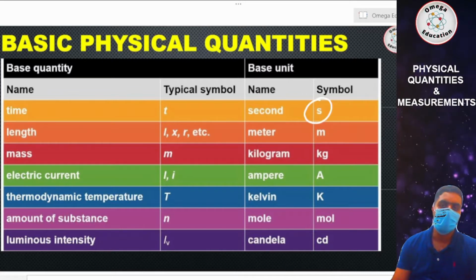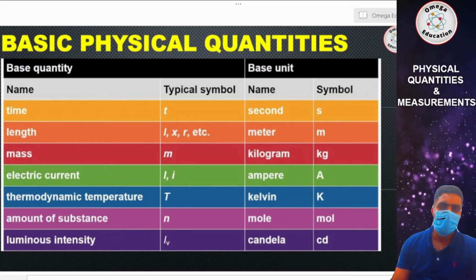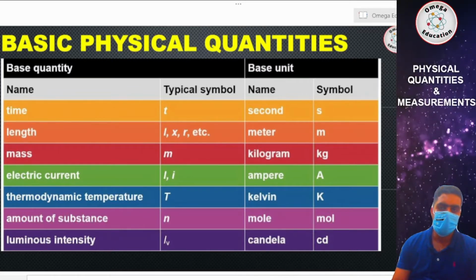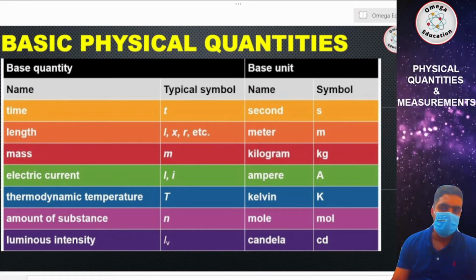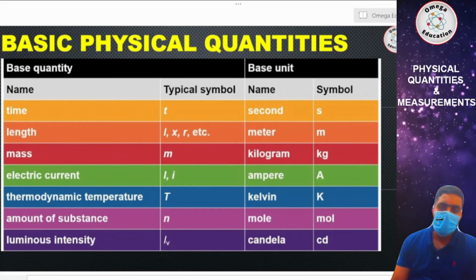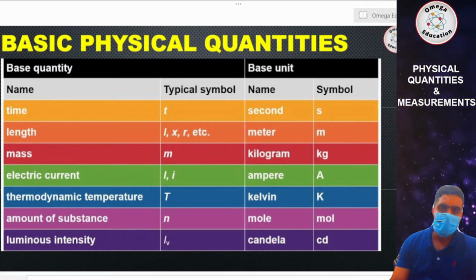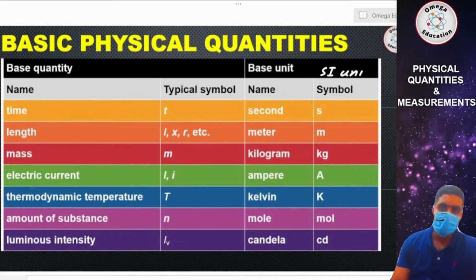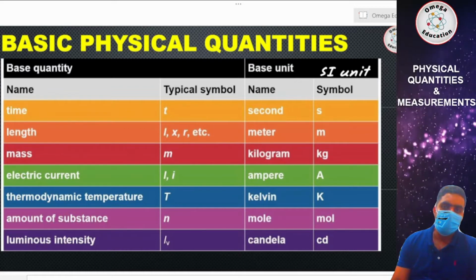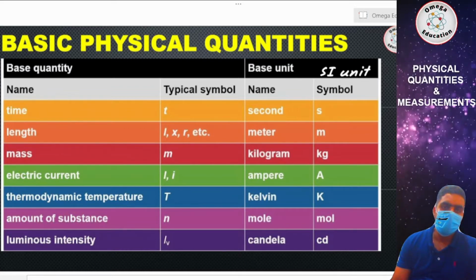In the last column I have written the standard unit, not just a random or popular unit. Technically we call it the SI unit, Système International unit.